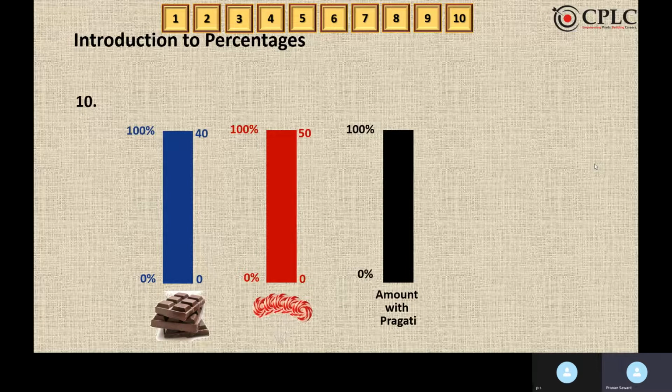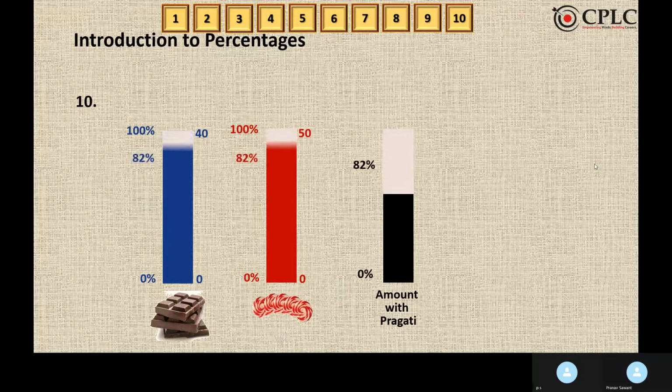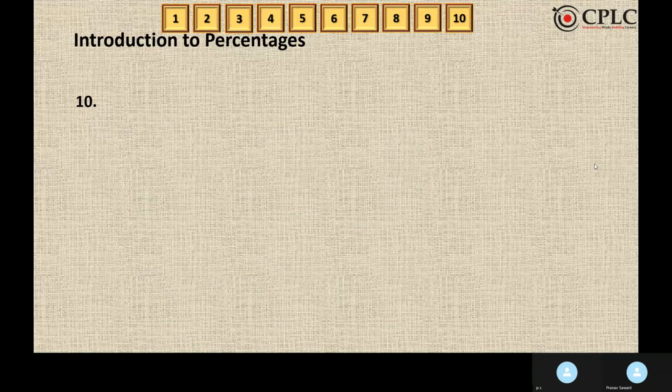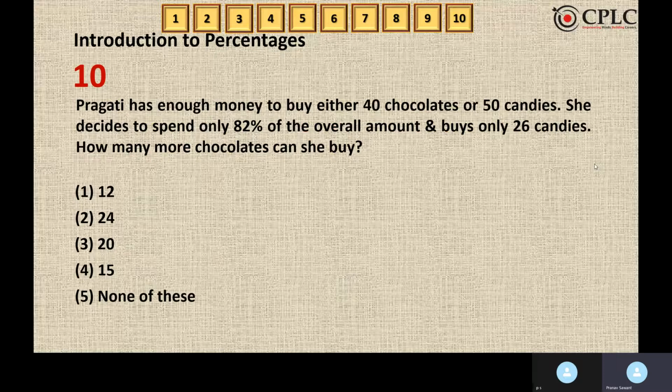The amount with Pragati is 100%. It is said that she decides to spend only 82% of the overall amount. So after that, she can buy 26 candies, and we have to find how many more chocolates she can buy.